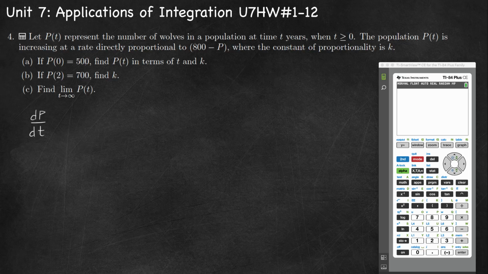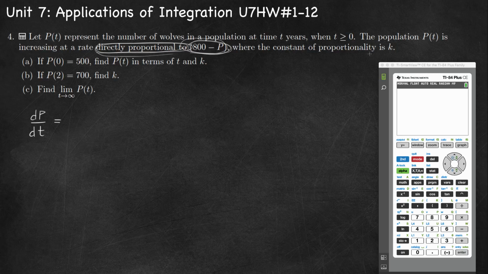So it's increasing at a rate directly proportional to. When you see directly proportional to, it means you're multiplying something by a constant. What are you multiplying by a constant? Whatever it says it's proportional to. It's proportional to 800 minus p in this case. So the rate is directly proportional to 800 minus p, and we have to multiply.